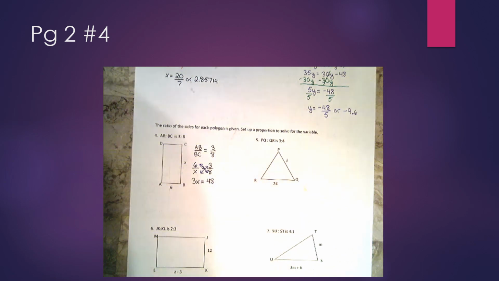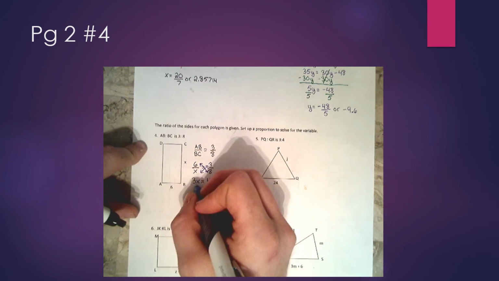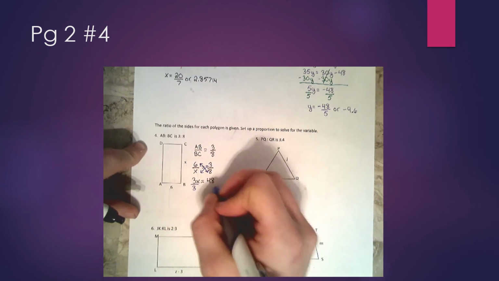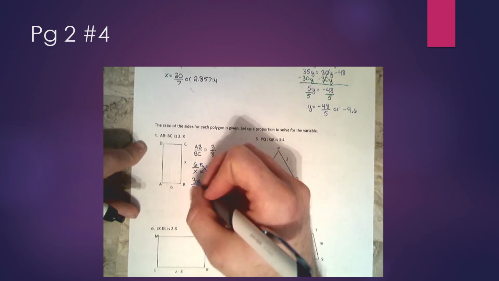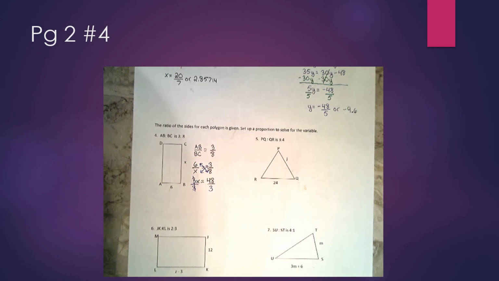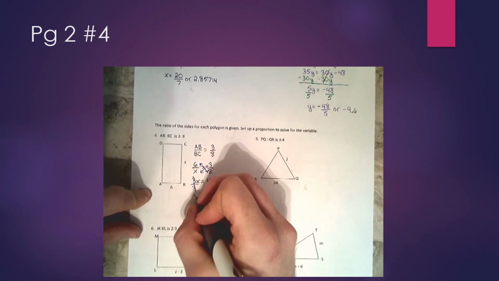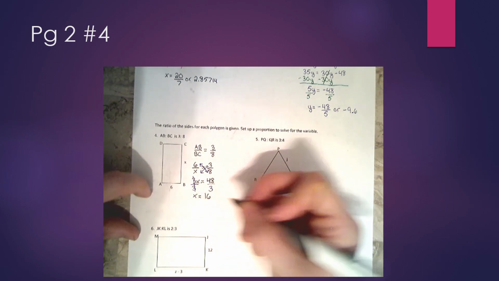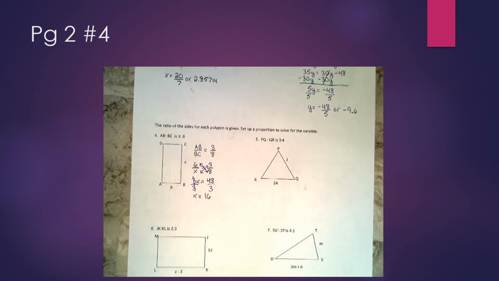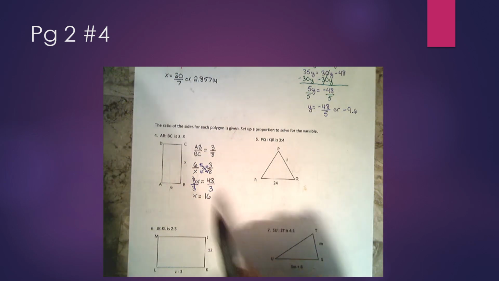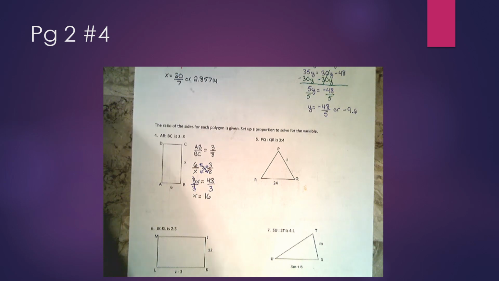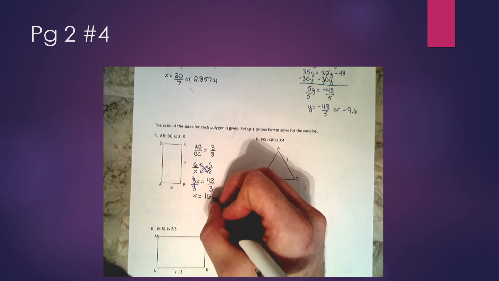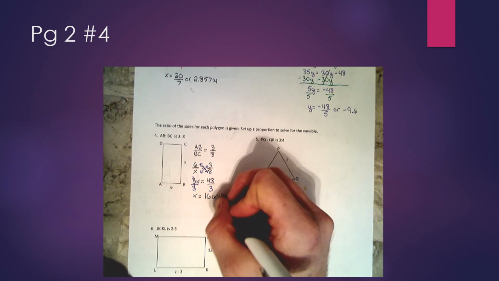I want to get x by itself, so I'm now going to divide each side by 3 so that I can cancel it out over here. And x would be equal to 16. So the answer for this one would be 16. And they didn't give us any units, so I can just keep it as 16. Or if you want to, you can even write 16 units.